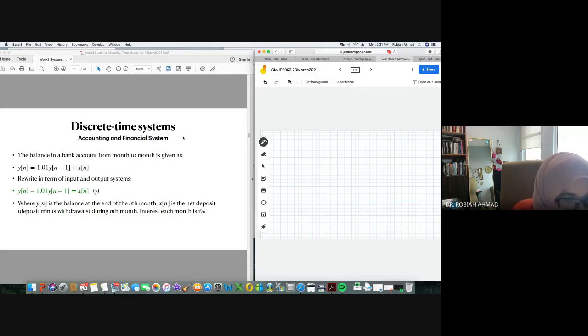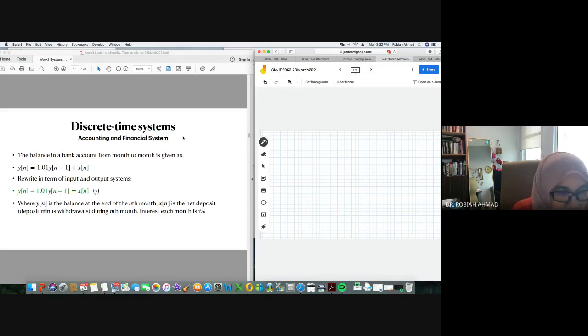If we rewrite it in terms of input and output of the system, in this case the output is still y, the input is x. Where y[n] is the balance at the end of the nth month; if you look at the balance of the month of December, that means the 12th month. x[n] is the net deposit minus withdrawals during the nth month.